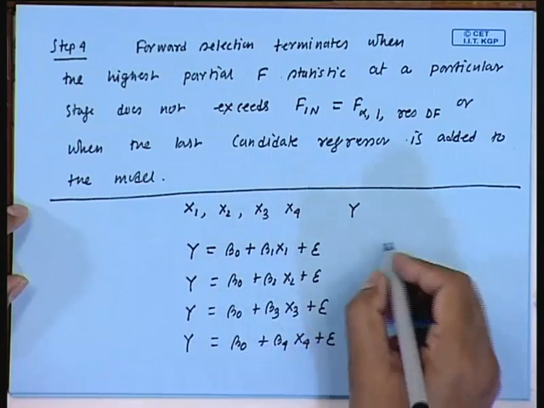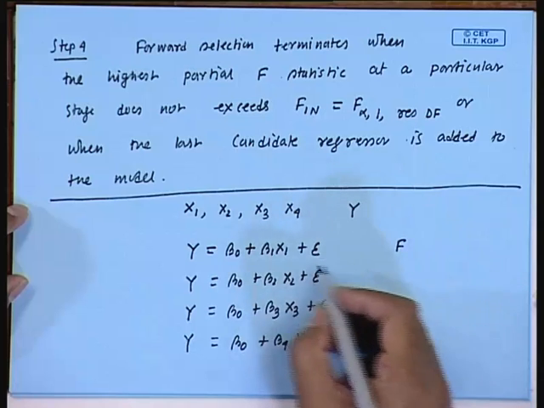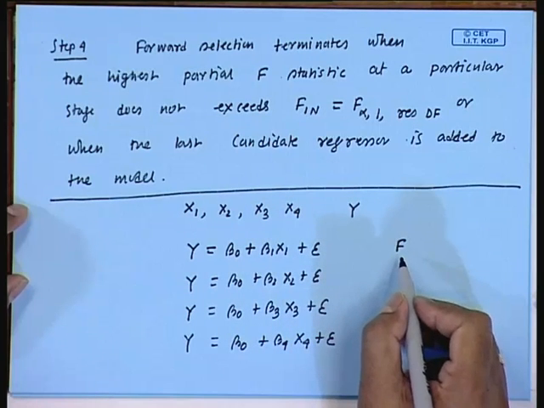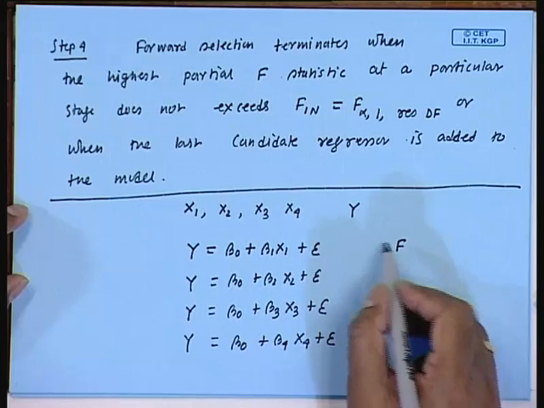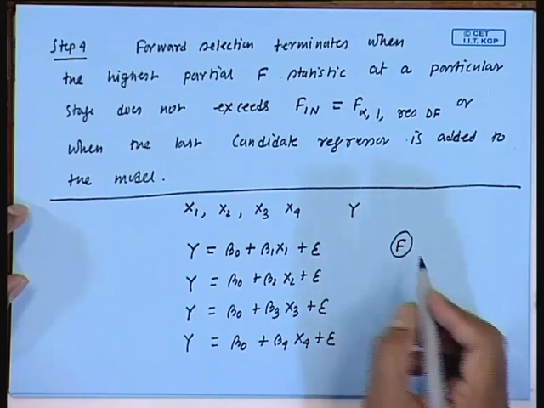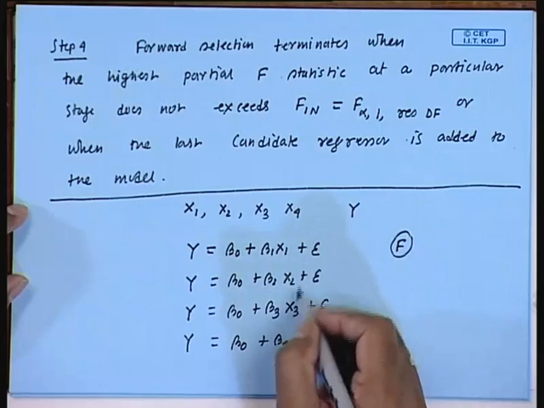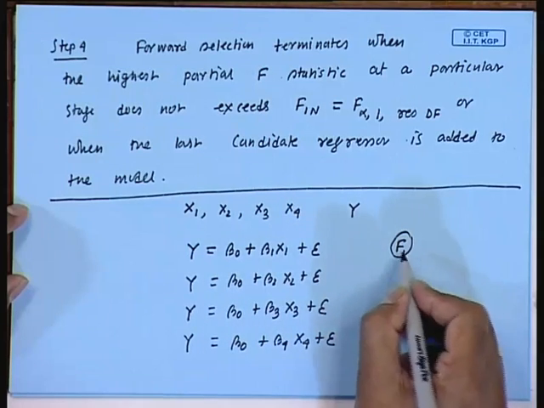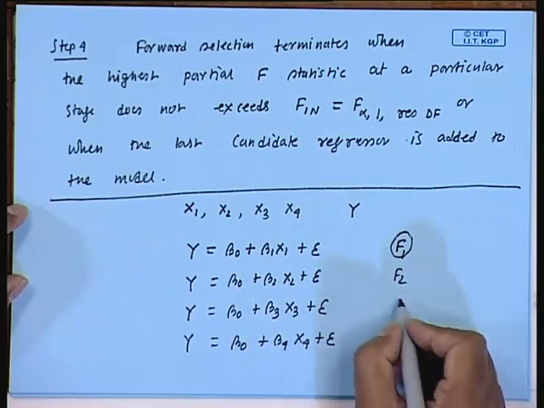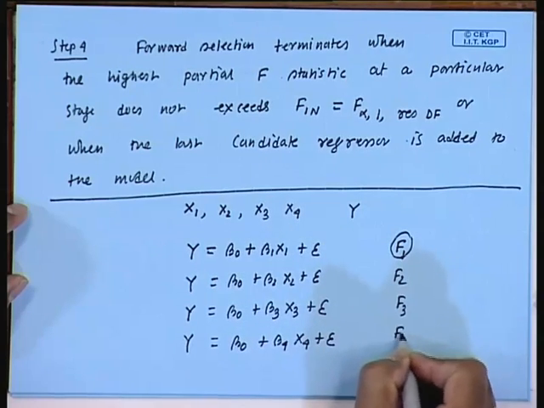I will compute the F statistic for each of these models, and the regressor having the highest F, say F1 is associated with this model, this is F2, F3, F4.